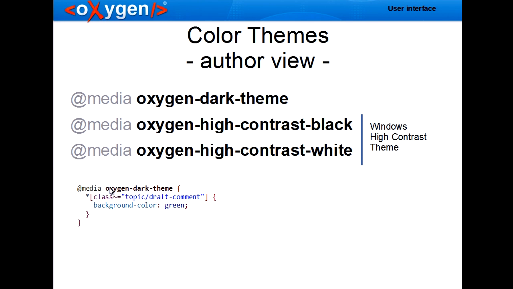So if I put here the oXygen dark theme media, it means that these CSS rules will come into effect only when a dark theme is active in oXygen. The other 2 medias, oXygen high contrast black and oXygen high contrast white, are useful if you are again on a Windows machine and a Windows high contrast theme is in effect. That's when they'll activate.